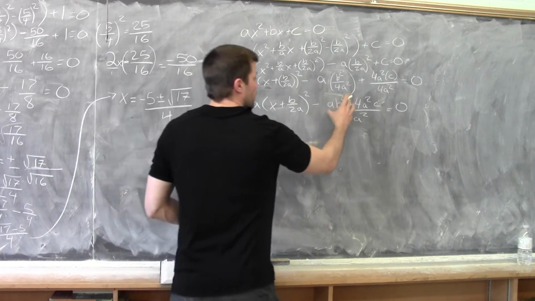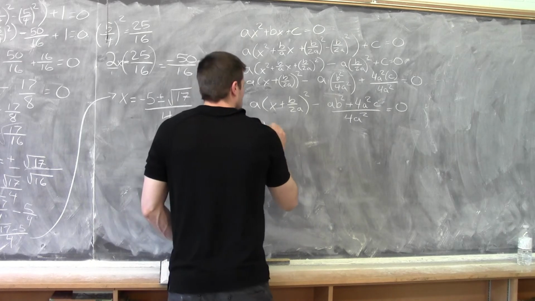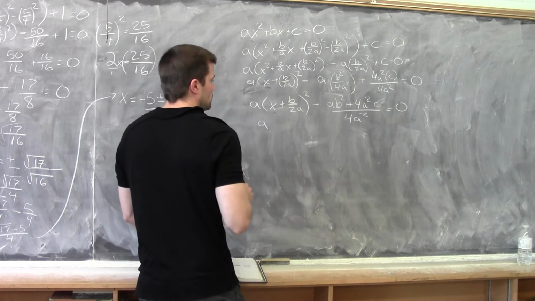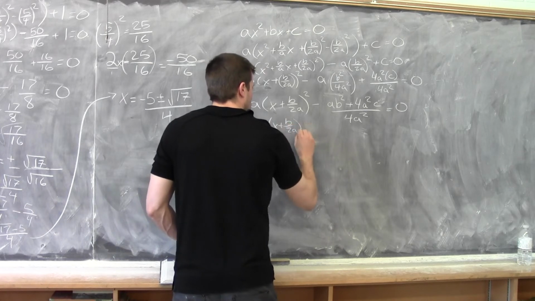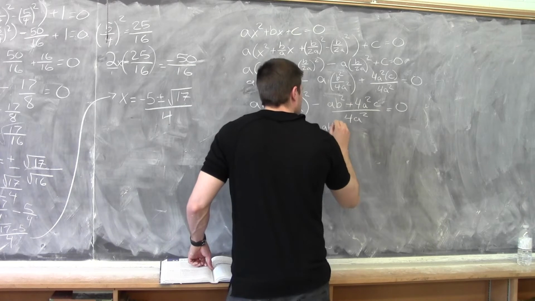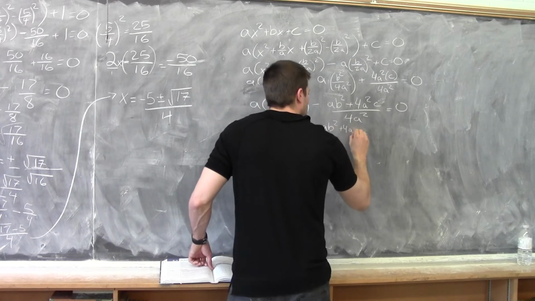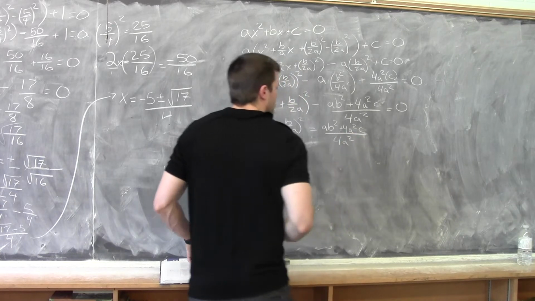So now I'm going to move this whole term to the other side because I'm trying to isolate for x. This is going to be positive, so b squared plus 4a squared c all over 4a squared.